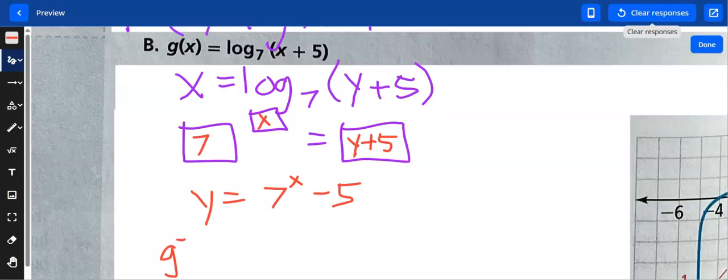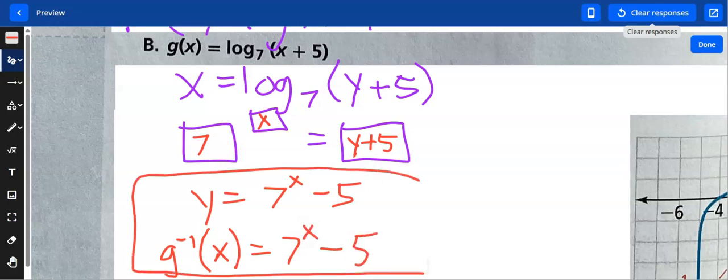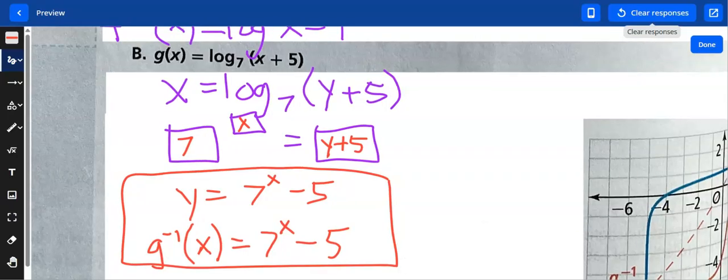Whoa, it's a bad looking inverse. g inverse of x. That's another way to say the exact same thing. You need to know that those two things are the same. But we switch x and y, and we solve for y. You got to be good at switching back and forth between log form and exponential form.